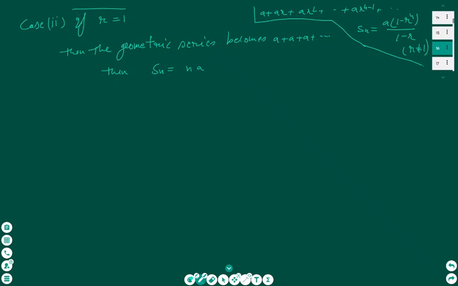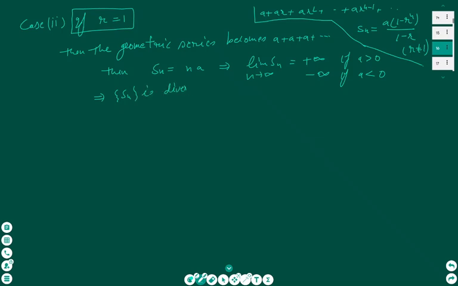So if r is equal to 1, then the sum of first n terms would be na, and this implies that the limit of Sn as n tends to infinity is equal to plus infinity if a is positive, and minus infinity if a is negative, and that means the sequence Sn is divergent.